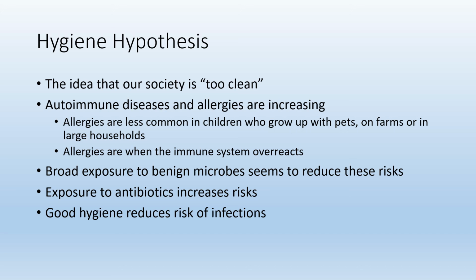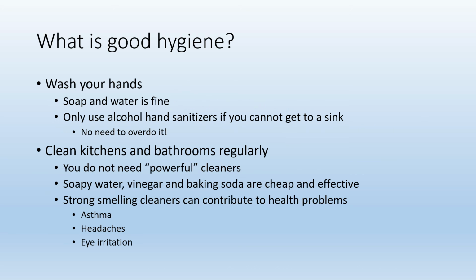So you can use good hygiene to reduce the risk of infection. What is good hygiene? You hear this phrase all the time, hygiene. Well, good hygiene is washing your hands. Soap and water is fine. You can use alcohol hand sanitizers if you can't get to a sink, but there's no real reason to overdo it.